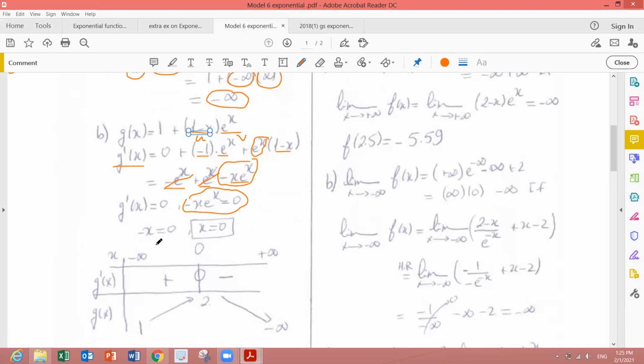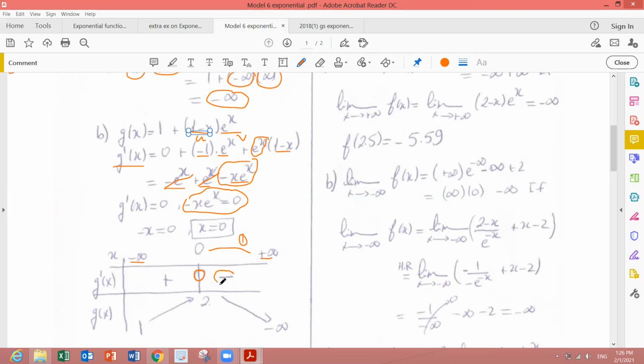Table of variations. X, we put the domain, which is minus infinity to plus infinity, and the value of x, which is 0. At 0, we get 0. For example, to know the sign of g prime, if I take number 1 and I replace it in the derivative, إذا أخذنا محل x 1 يضل عندنا minus 1e, which is negative.